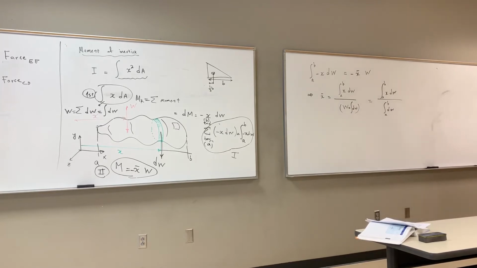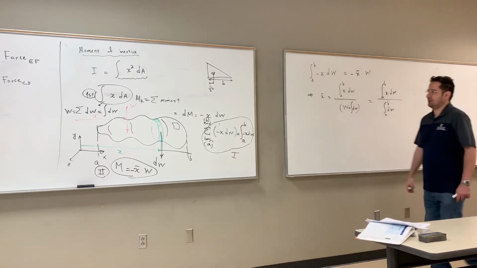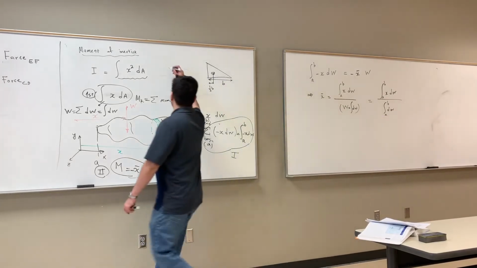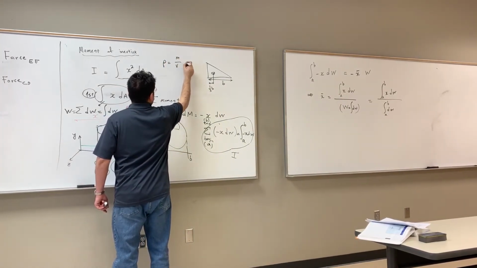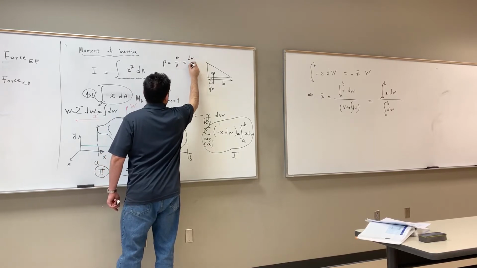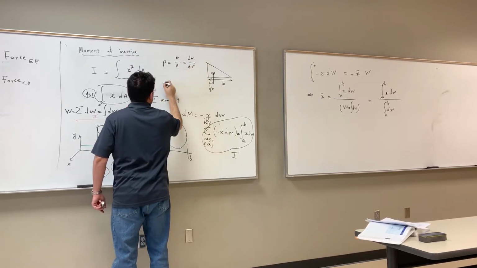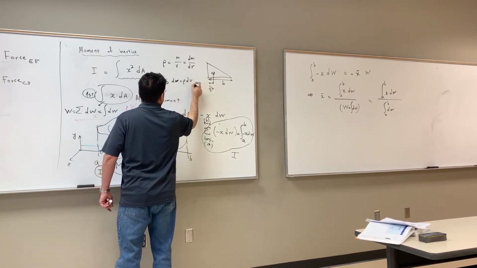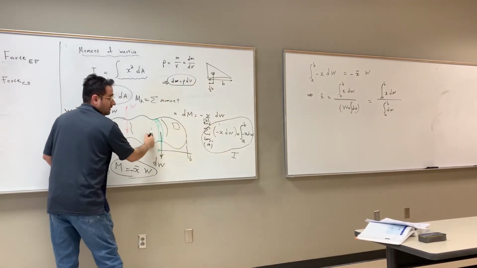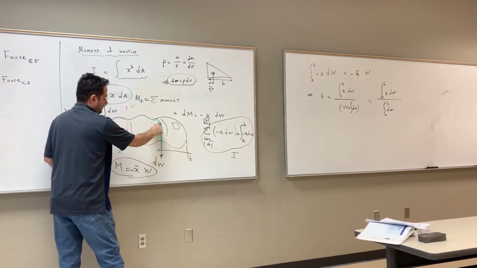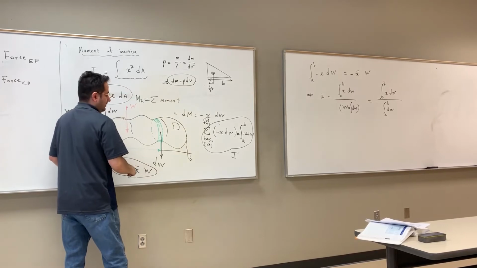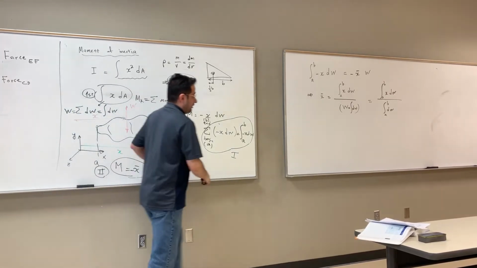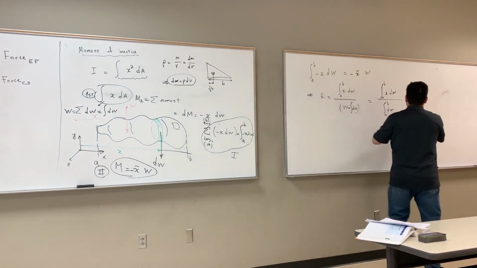Now let's say the object is uniformly distributed. Density is mass over volume, equal to dm over dV. Then dm is equal to rho dV. For this slice, the density times its volume is its mass. And for dW, you can simplify that.